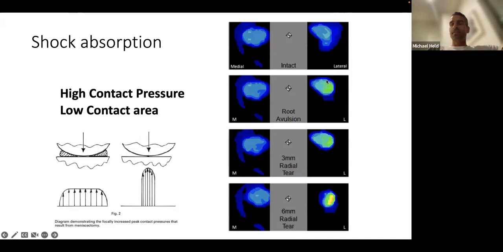You can see what is very light here is basically high contact pressure, and you can see how the larger area of contact in an intact lateral and medial meniscus changes with root avulsion or radial tear. And especially on the lateral meniscus, due to the shape of the condyle of the tibia, which is not concave but convex, that point loading is a lot more than on the medial side.